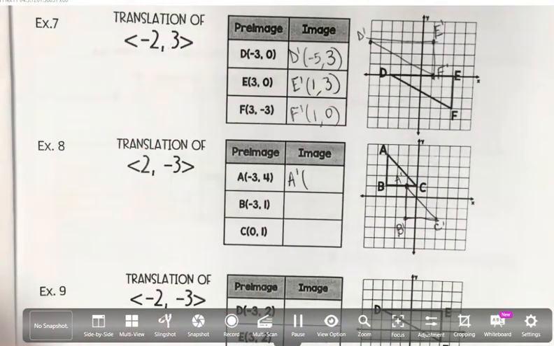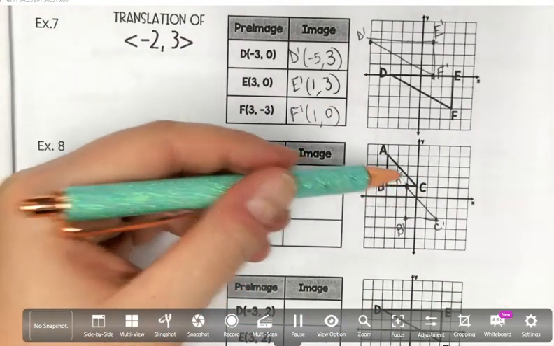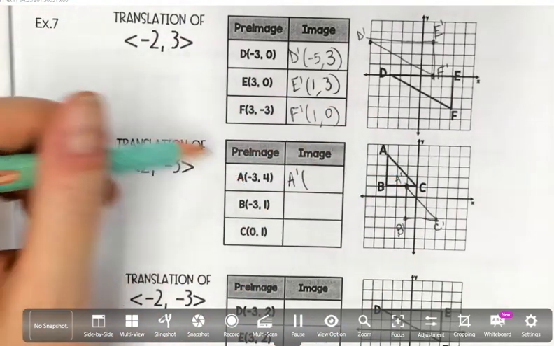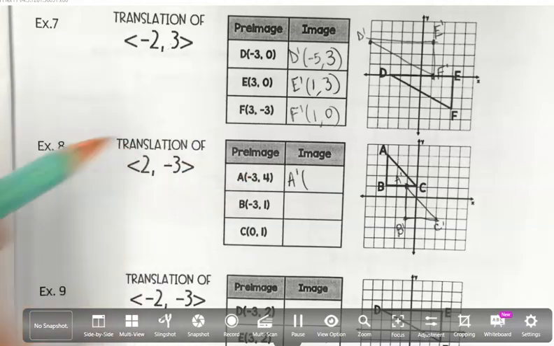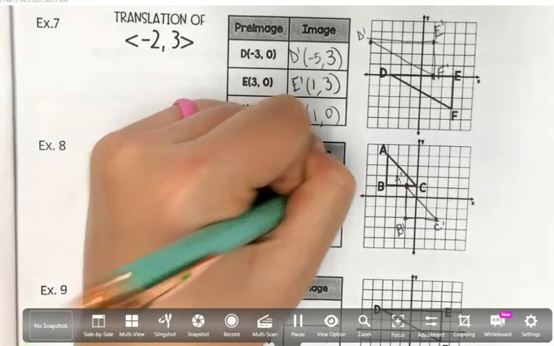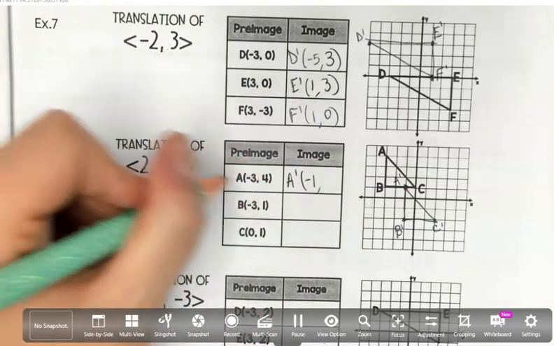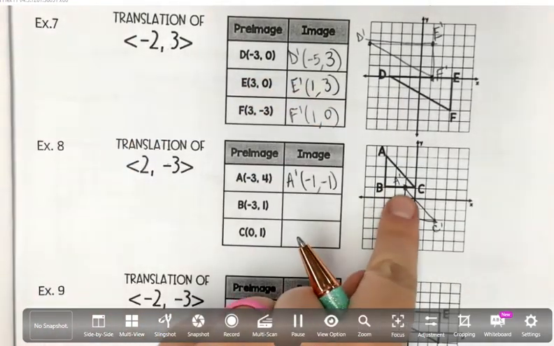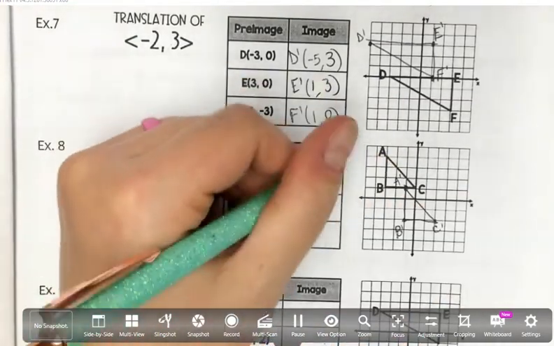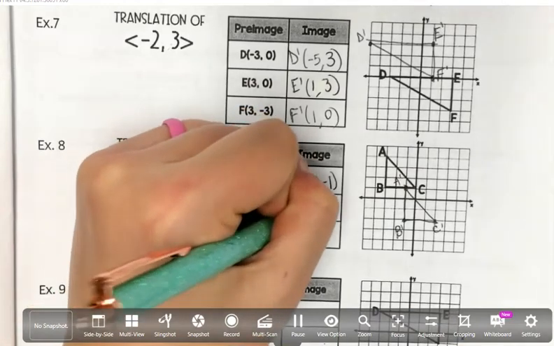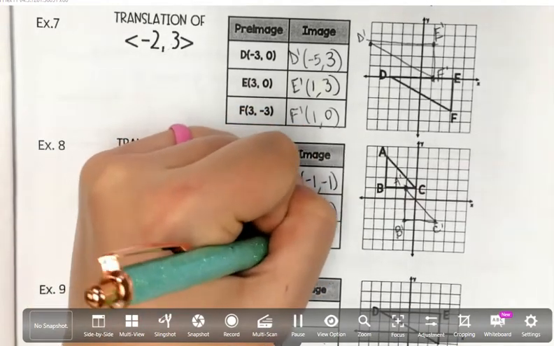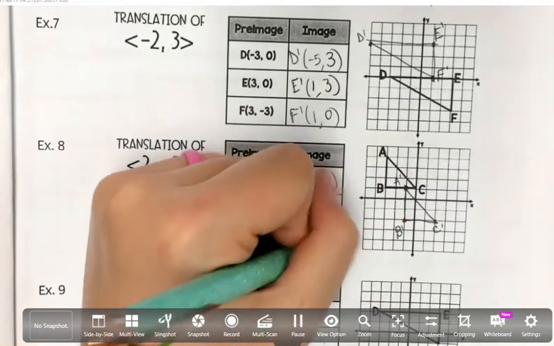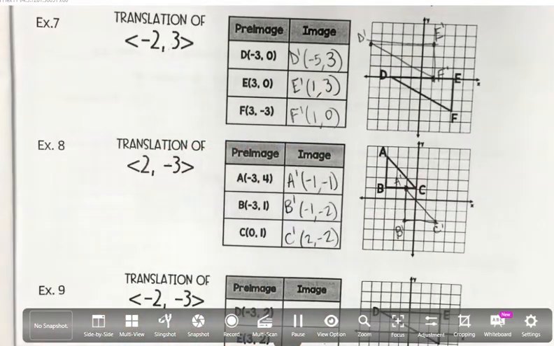So we have our A prime, our B prime, and our C prime. Let's see if it matches what would happen if we take our negative 3 and add 2 to it. So it becomes negative 1. And then 4 minus 3 is negative 1. Yep, that's exactly where that is. So there's two ways that you can do it. So our B prime is -1, -2, and our C prime is 2, -2.